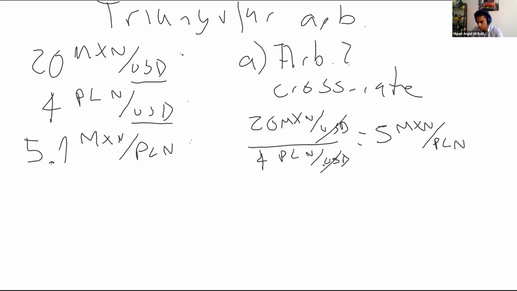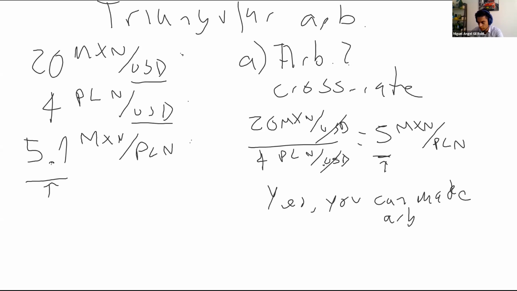You check whether this cross rate is different from the market. These 3 rates are the rates from the market. So if this is different to this one, then you answer yes, you can make arbitrage, because the cross rate is different.